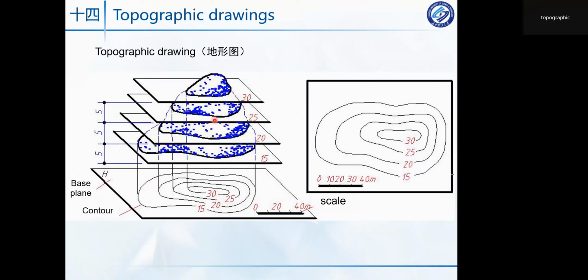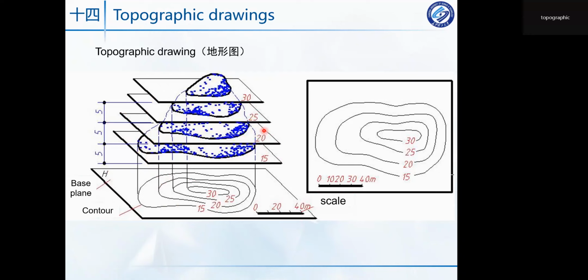This plane is the top view of this mountain, and you can see there are many different layers. The first one has a number, 15. 15 means this elevation is 15 meters, and above the 15 is 20 meters. It means this plane's elevation is 20, and above 20 are 25 and 30.